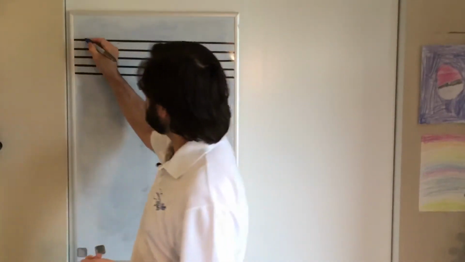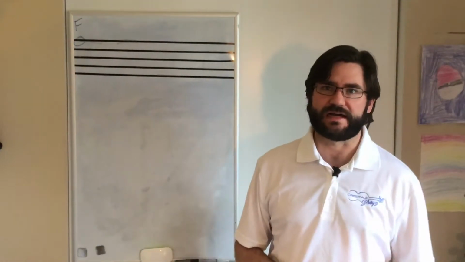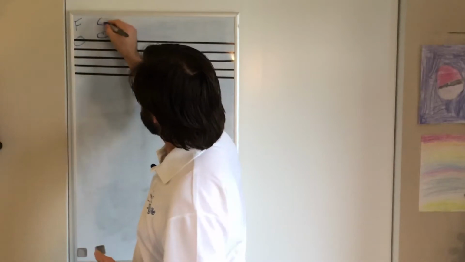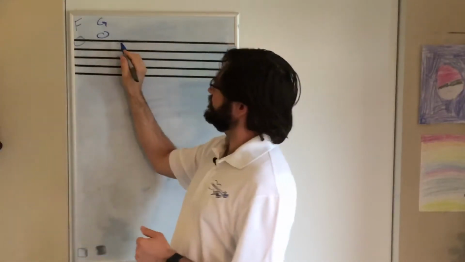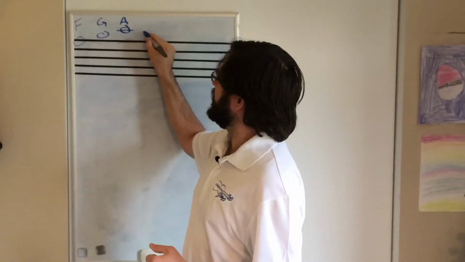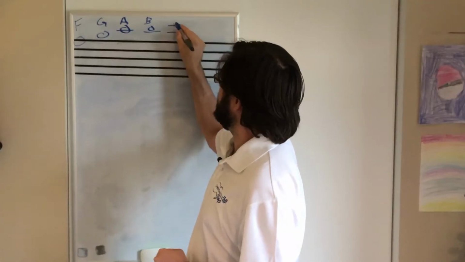Going above the staff is the exact same way. We start with the last note we knew, which was F, fifth line. As we go up above, G. We've run out of space. We add a line. A, above the line. B, two lines.